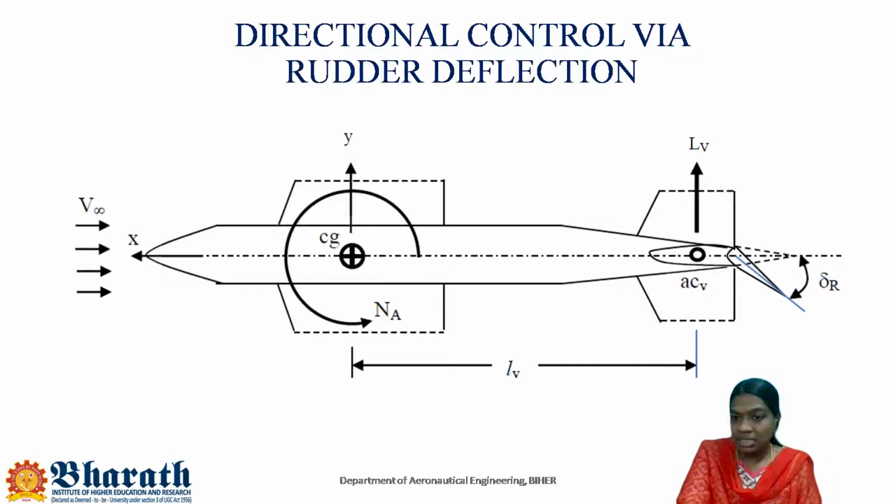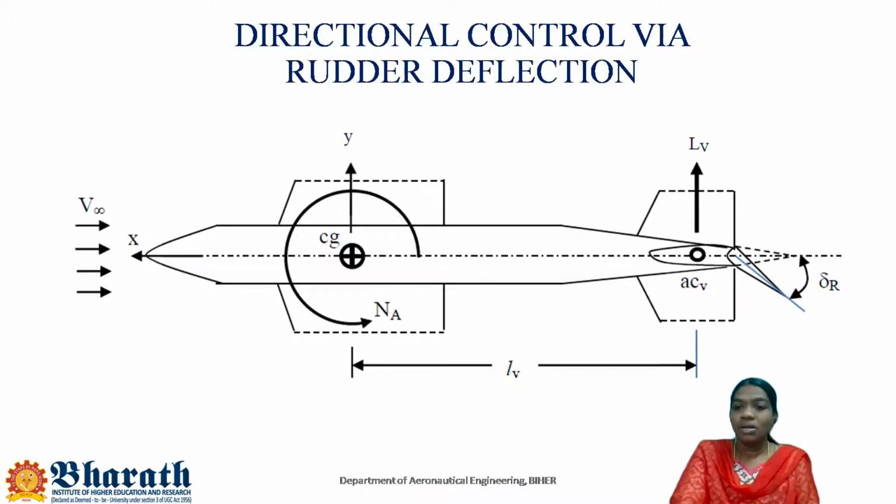R indicates the rudder, and LV is the side force, and V is the combination of the vertical stabilizer, the vertical tail and the rudder, and NA is the yawing moment of the aircraft. CG, of course, we know, and LV is the moment arm, and V is the free stream velocity.